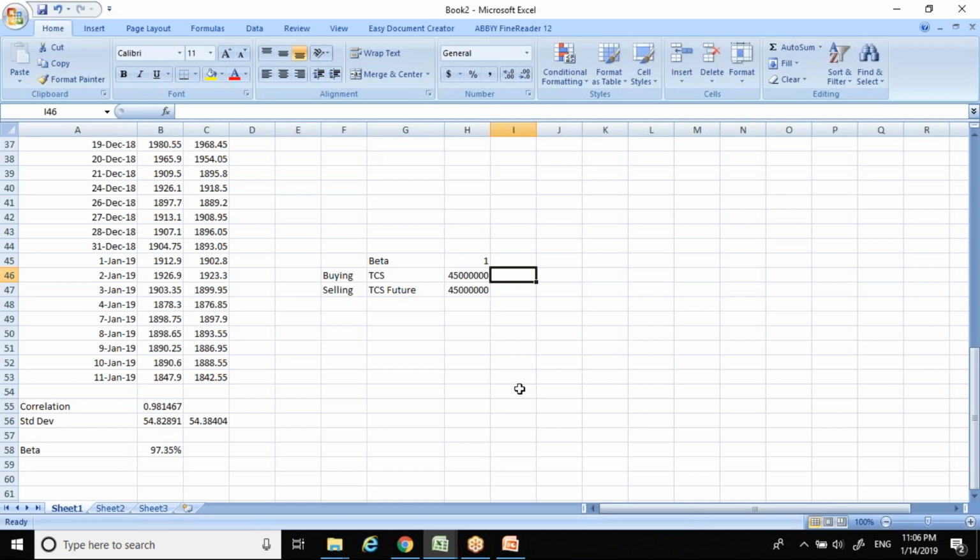So if the beta is 1, you can have same values of shares and same values of future contract. So let's suppose there is a change of 1%.